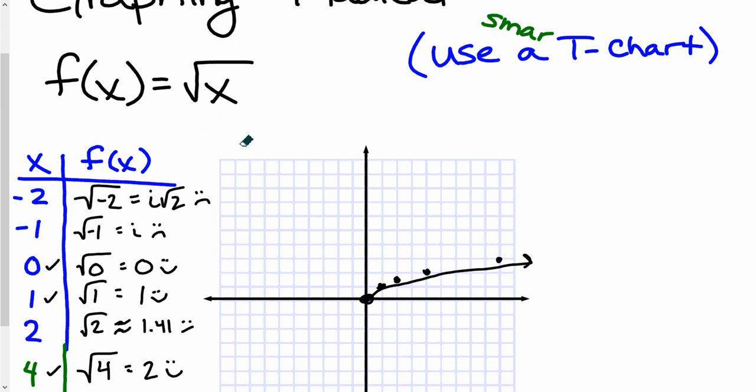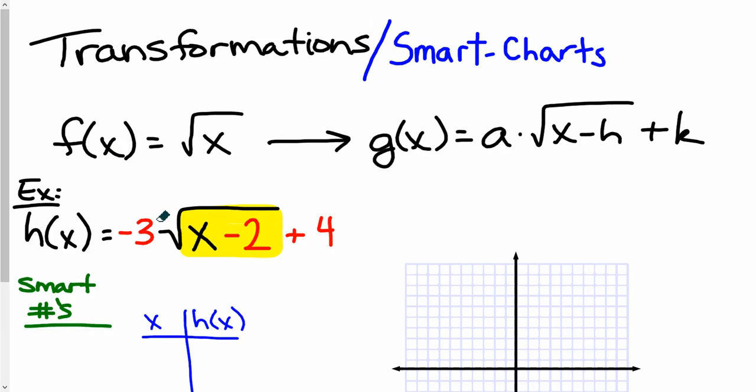What happens if we start going through and adding all of these different transformations? Well, we can still go through and use our smart t-charts with transformations, right?